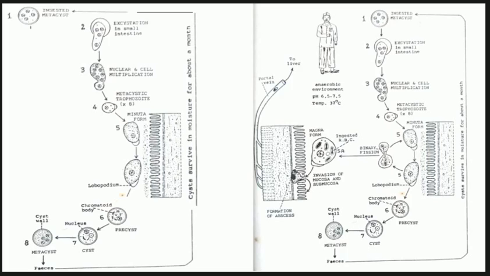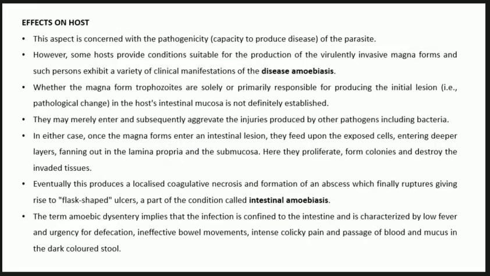Now today we will see what exactly happens when this particular organism is present in the body of the host. It is also called pathogenicity. In your syllabus it is written as pathogenicity of the organism. So the effect on the host is also called pathogenicity. So what exactly happens when it is inside?